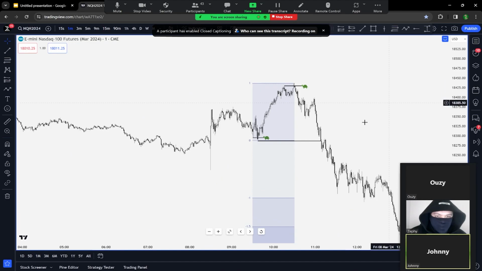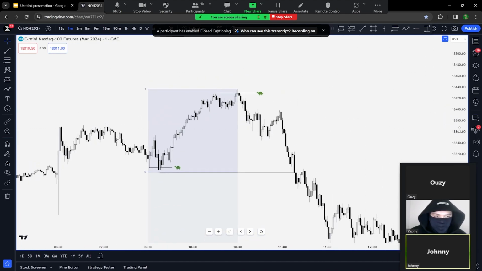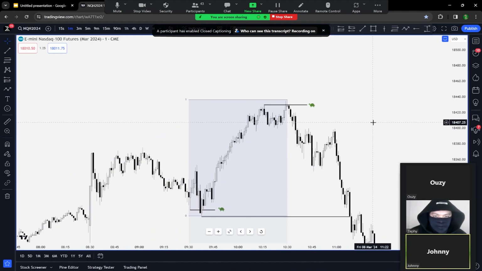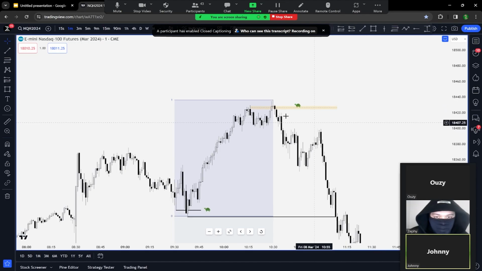If you don't really trust the turtle soup model, you can also do a rejection block. Like what I was seeing here with some of the members that I have. They would have entered at the rejection block, which is like here, which is still a rejection block turtle soup.